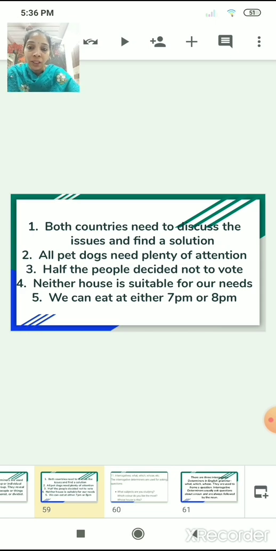And in these examples it shows different ways of looking at the individuals within a group, like in this case, half the people. Not only group, they also express how something is distributed, shared, or divided, like in this case, neither house is suitable for our needs. So this way we come to an end of distributive determiners. I hope it is clear.